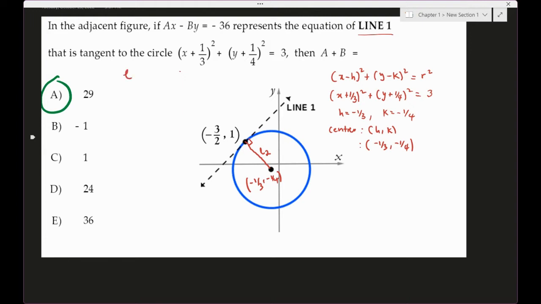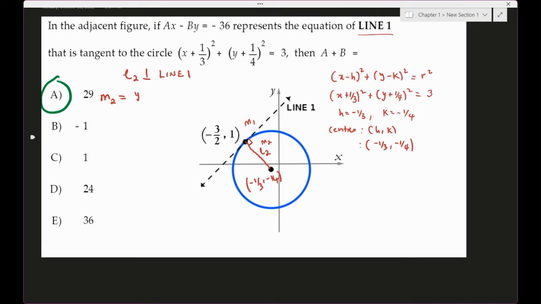We see clearly that line 2 is perpendicular to line 1, which is the black line. So if we can get the slope of line 2, let's call it M2, then we can get the slope of line 1, let's call this M1. So now let's compute M2.